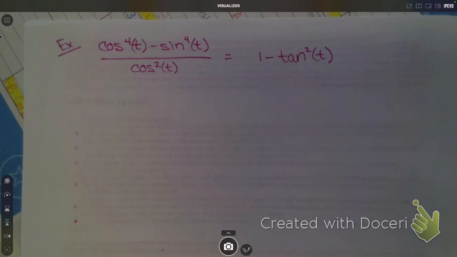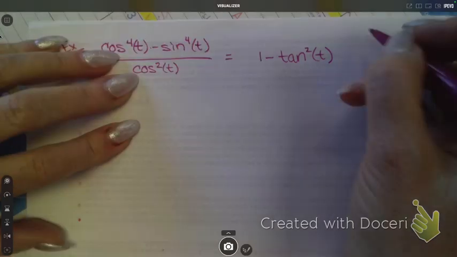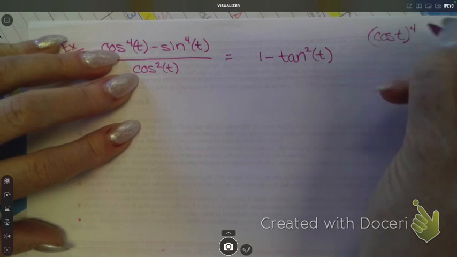So remember, this is like saying cosine of t to the fourth. We just write it this way. This is this.